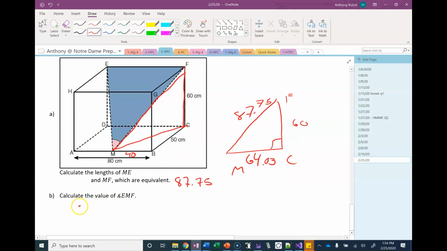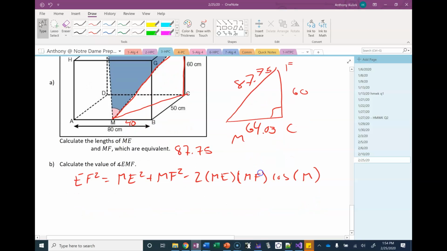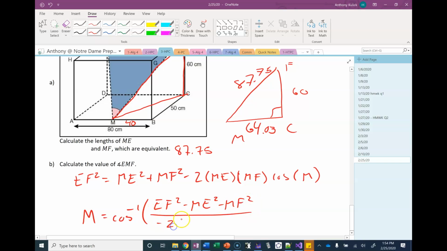So I would say that EF squared is equal to ME squared plus MF squared minus 2ME times MF times cosine of angle M. So M is going to equal the cosine inverse of EF squared minus ME squared minus MF squared over negative 2 times ME times MF.